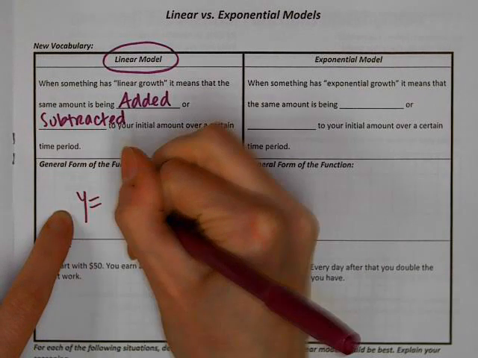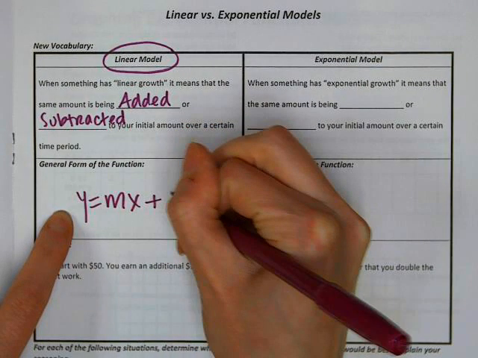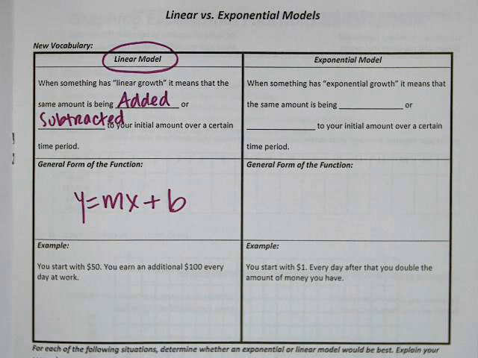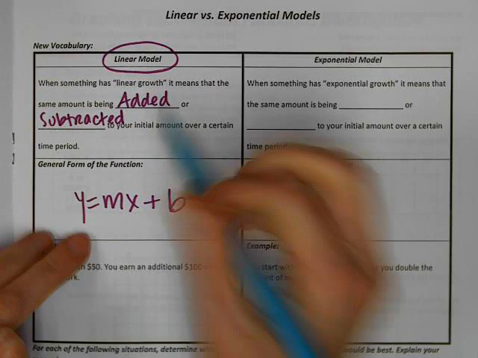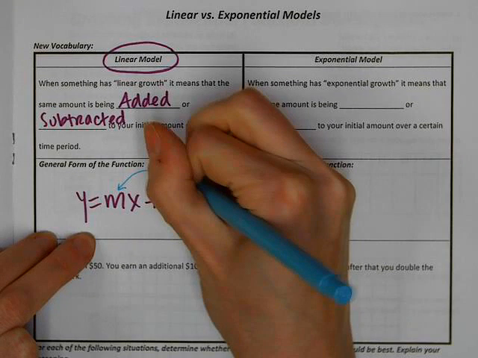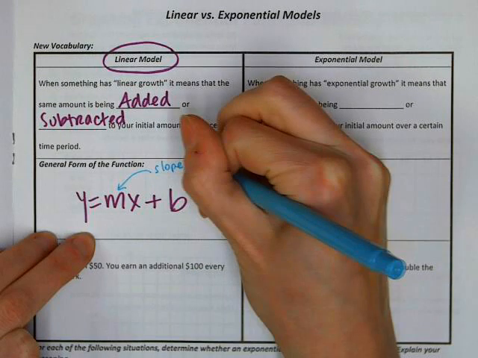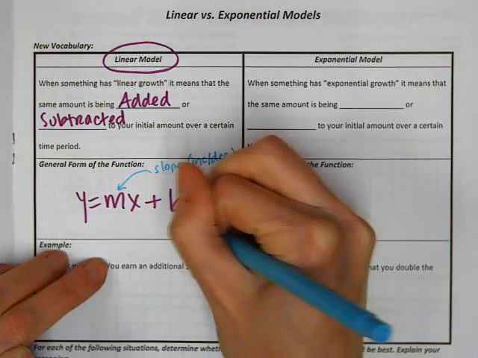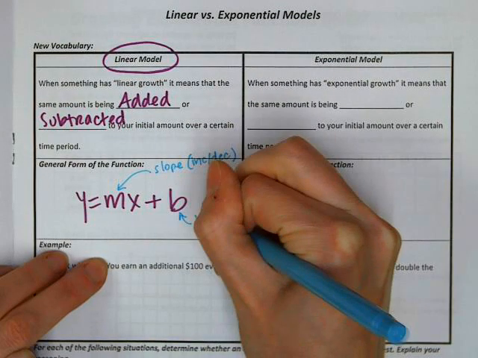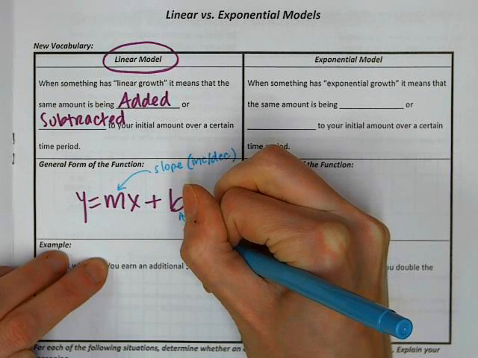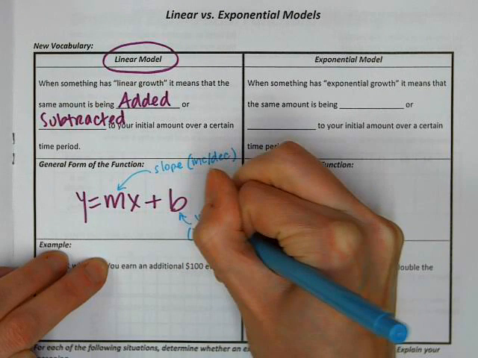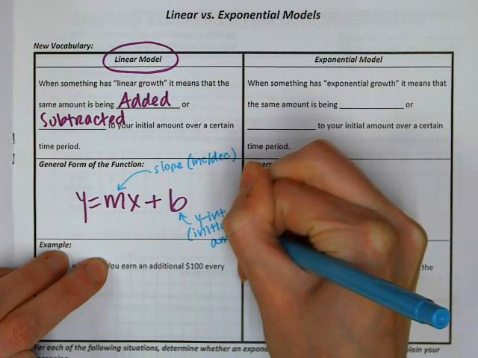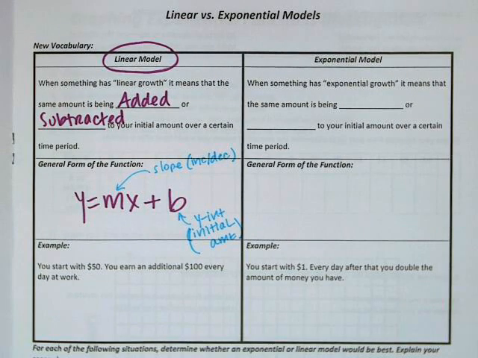You know it's of the form y equals mx plus b, where m is the slope, also known as that increase or decrease, and b is the y-intercept, which is the initial amount or the starting value. Either way, initial amount or starting value.